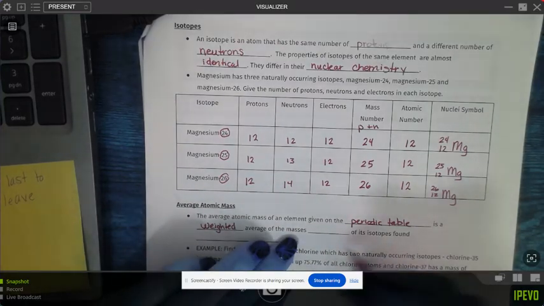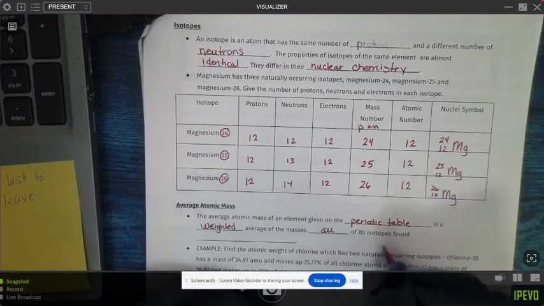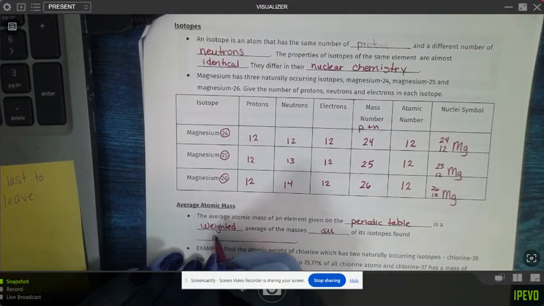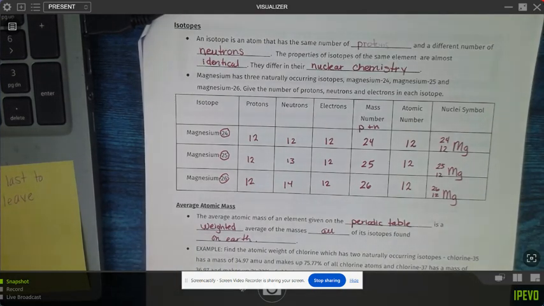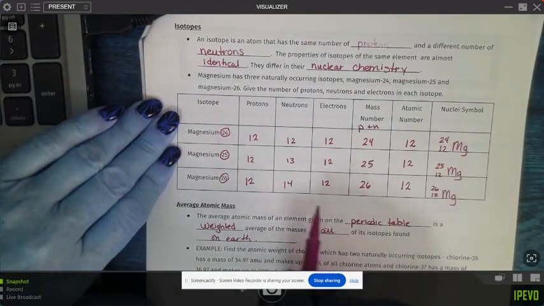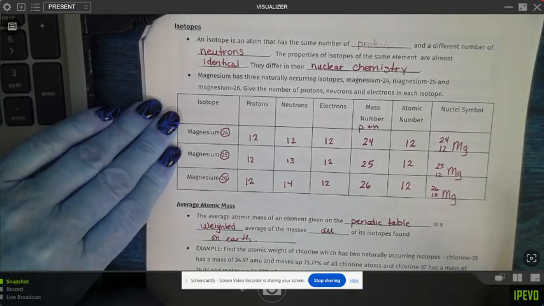So the average masses of all of its isotopes found on Earth. Okay, so this was just an example to look at how we count particles, okay?